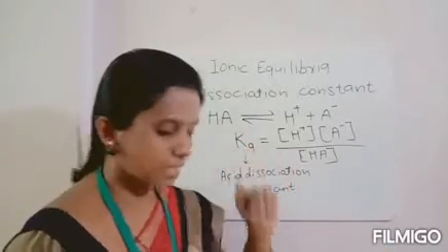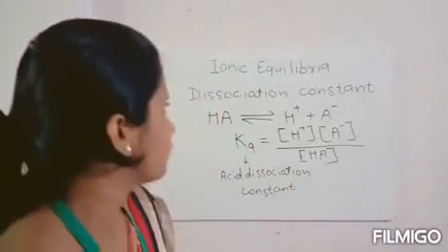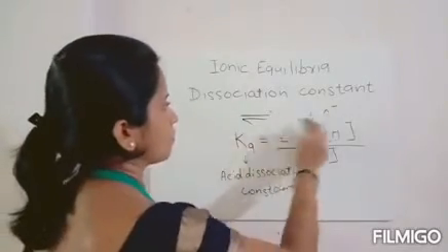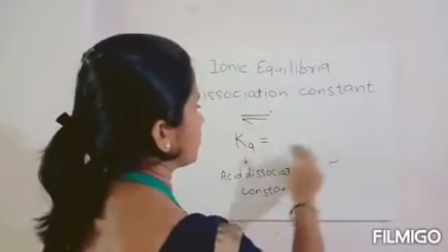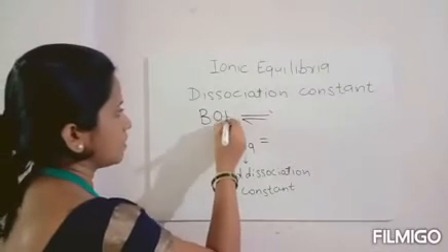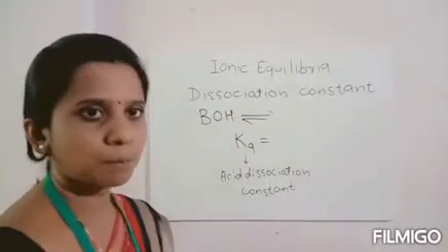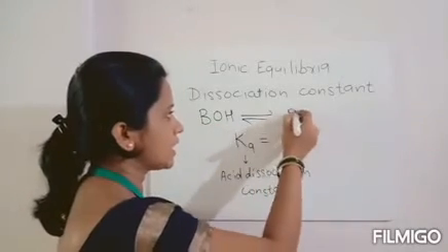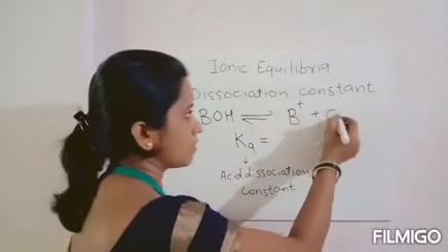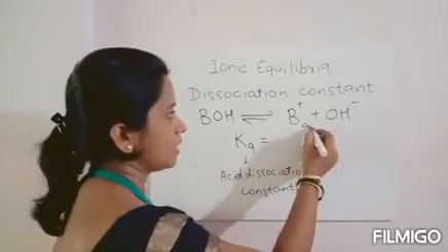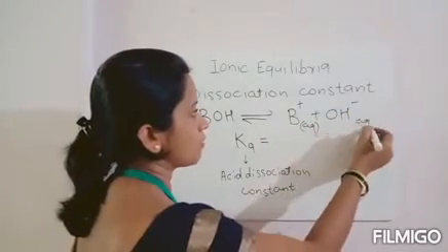Now next is the dissociation constant for a weak base. A weak base is expressed as BOH. So this BOH will dissociate as B plus and OH minus ions in aqueous solution.